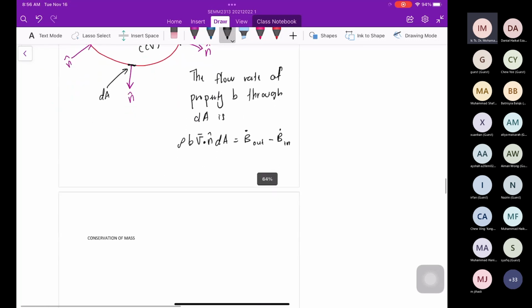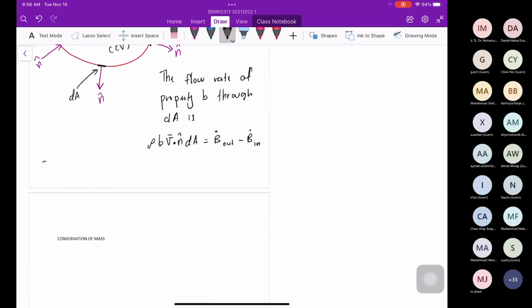Okay, so our Reynolds transport theorem for the extensive property now becomes the change of time integral with rho B dV plus the integral over the control surface of rho B V dot n dA.